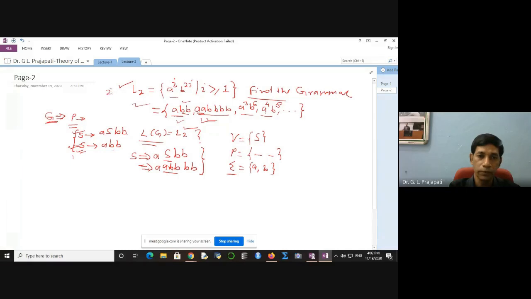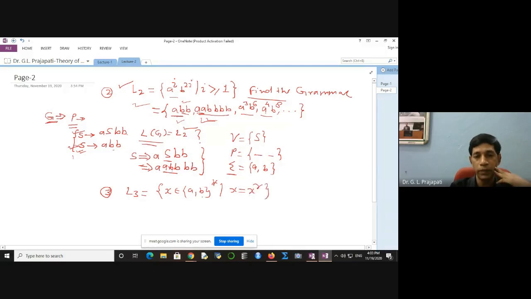This is the second example of the language. You can see the third example now. So I may write L3 is the set of X which belongs to {A,B} star such that X is equal to X reverse.